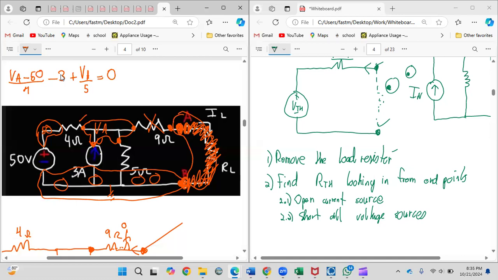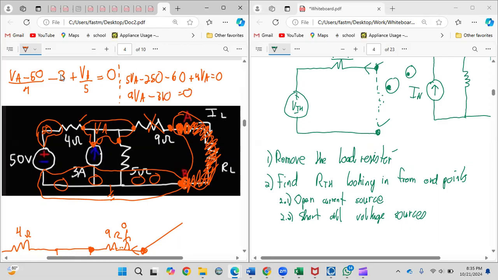So at that point, we can multiply everything by 20, a common denominator. You end up with 5 VA minus 250, and that'll be minus 60, and then plus 4 VA equals 0. Simplify: 9 VA minus 310 is equal to 0.